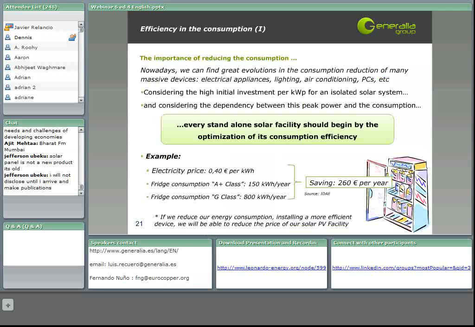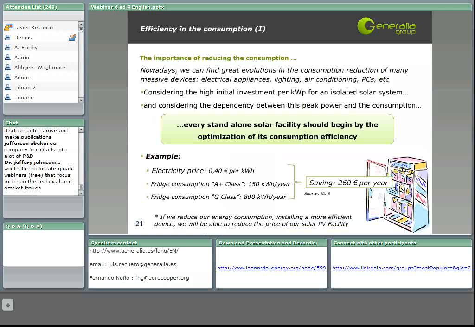Especially in the case of standalone systems based in PV generators, this is especially important because the energy that is produced with solar systems is much more expensive nowadays than the energy from the grid, especially if we are using batteries. We studied during the rest of this webinar course how the grid parity was going to be reached in the future.